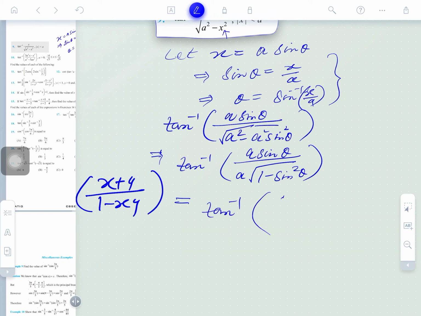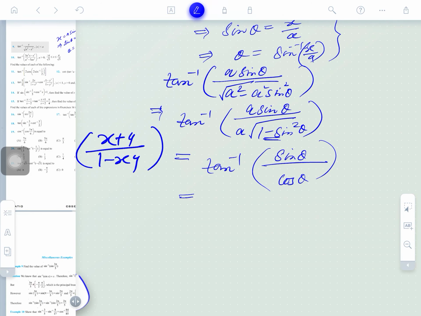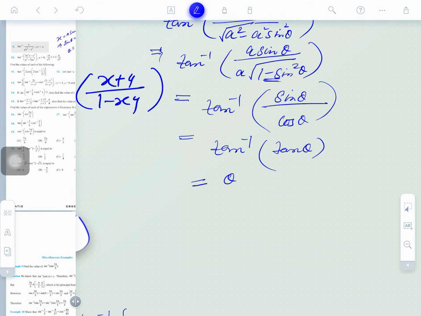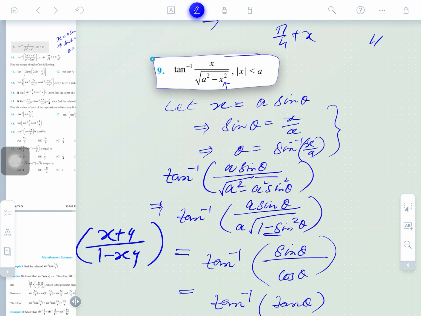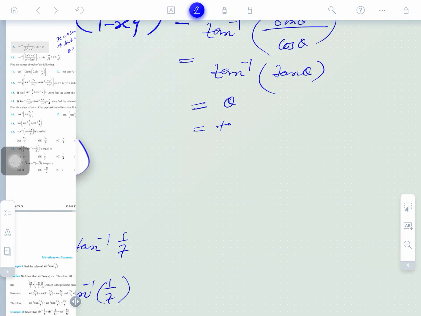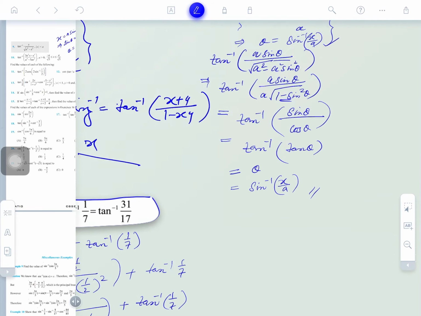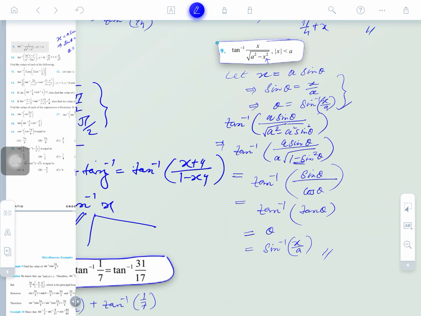Tan inverse, a cancels, sin θ by root of 1 minus sin square, which means cos square, will come out as cos θ. What will be here? Again tan θ. So tan inverse of tan θ is θ, and the answer must come as what? What is θ here? Yes, θ is sin inverse x by a. That is its answer, simplify.